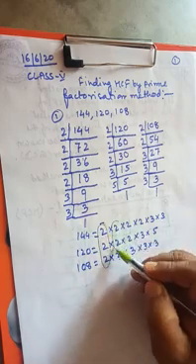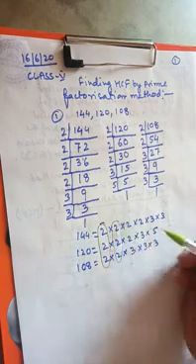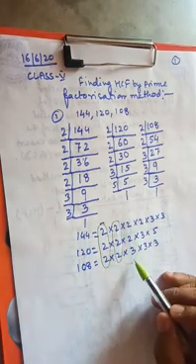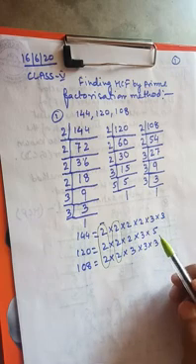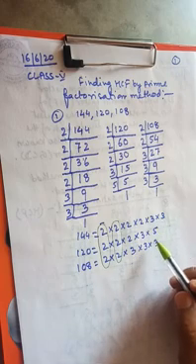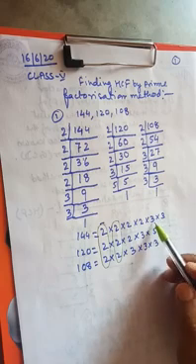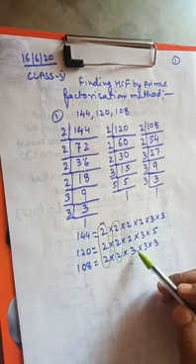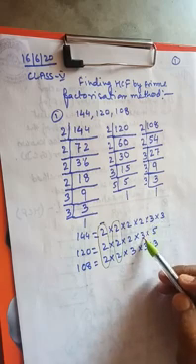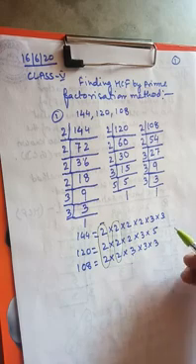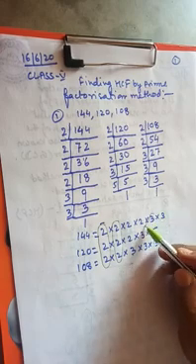Again 2 is the common factor in all. Now see, a third 2 is not coming in 108, so it is not a common factor. Now see, 3 is coming 1 time in all. Okay, so 3 will also be a common factor.